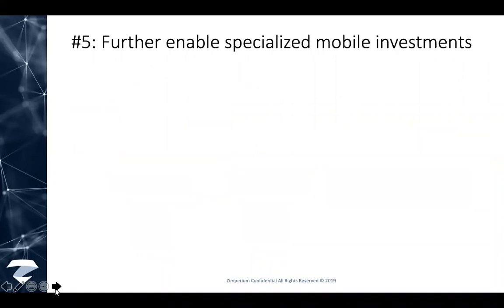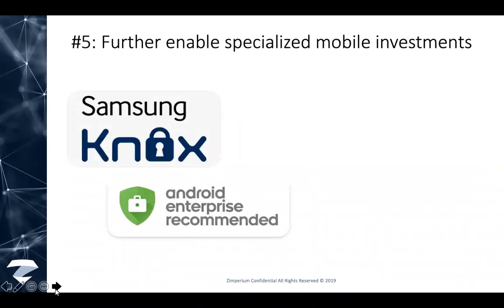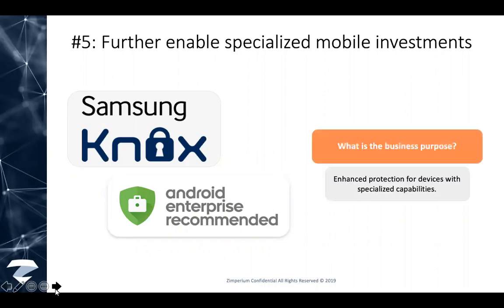Number five. A lot of people have already invested in some specialized mobile investments, right? Examples, Samsung Knox, Android Enterprise from a containerization standpoint. There's some specific investments where people are saying, we've already invested in these. A good mobile security solution will work with these and help protect these scenarios as well.